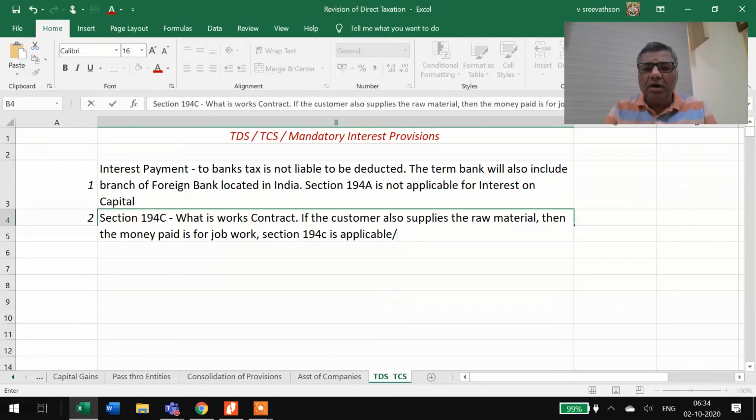The whole question depends upon who supplies or takes care of the raw material.